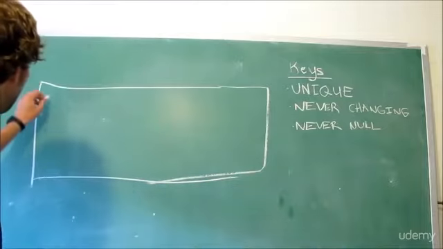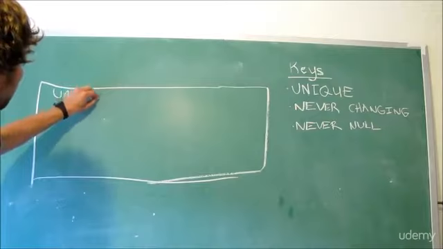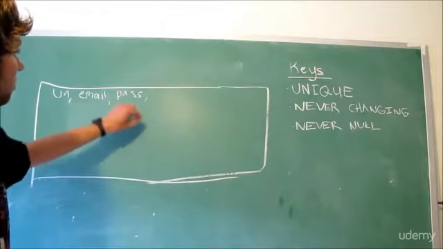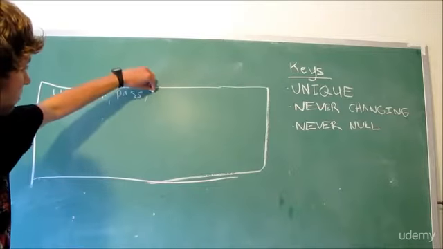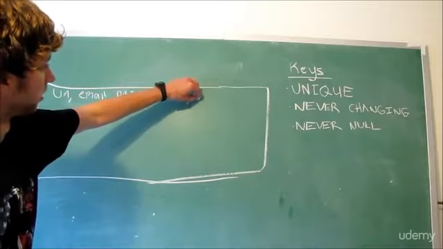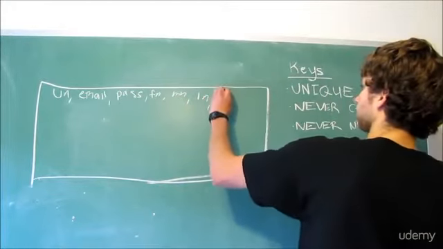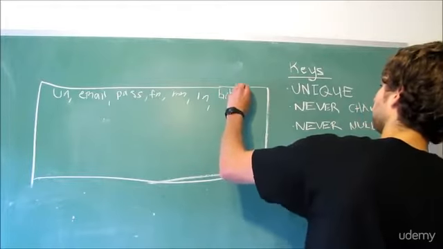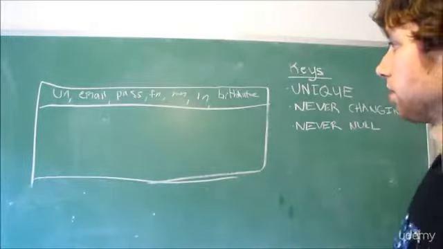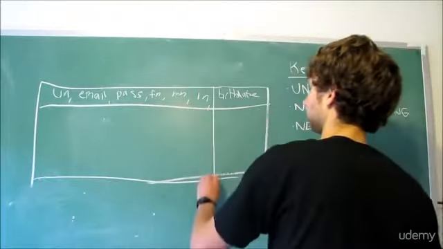And we're going to have a username, email, password, then we're going to have first name, middle name, last name, and then we'll have birth date. So every single row within this table is going to need a value for each one of these columns.